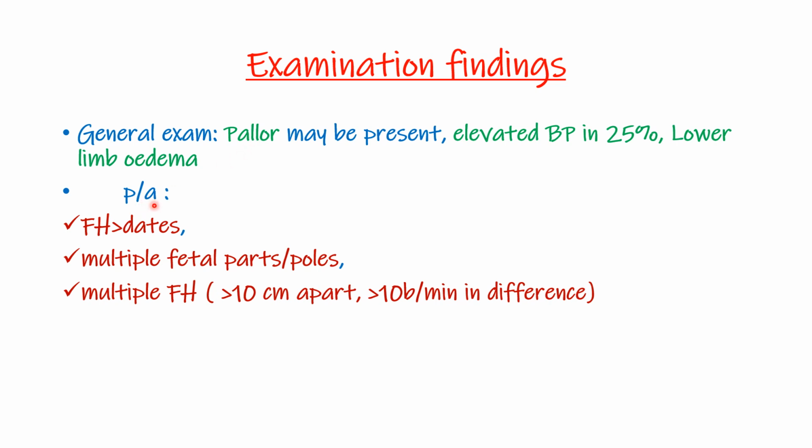In terms of abdominal examination, the fundal height will be greater than the date, and you have multiple fetal parts or poles, and then you have multiple fetal heart rates. So on examination, you're going to find the fundal heights greater than 10 centimeters apart, or the heart rates greater than 10 beats per minute in difference.